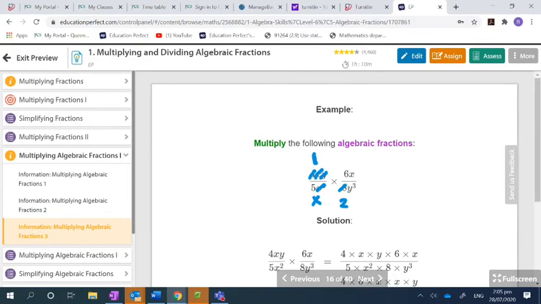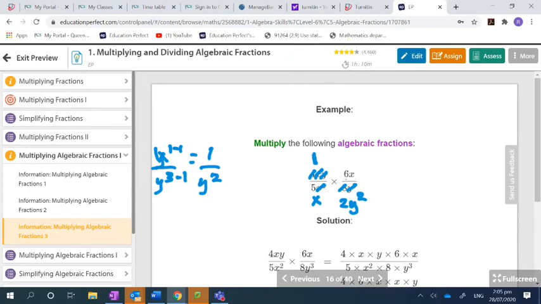In the bottom, y to the third divided by y is y to the second, because you're subtracting those exponents: y to the 1 minus 1, which is 1, and y to the 3 minus 1, which is y to the second. Remember the algorithm?